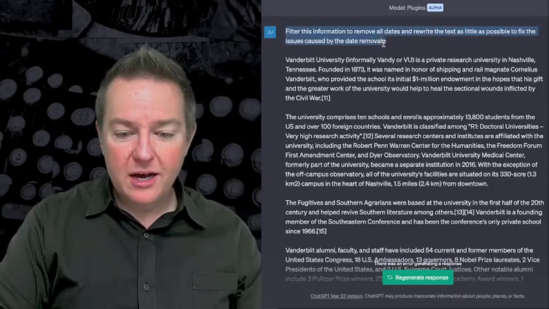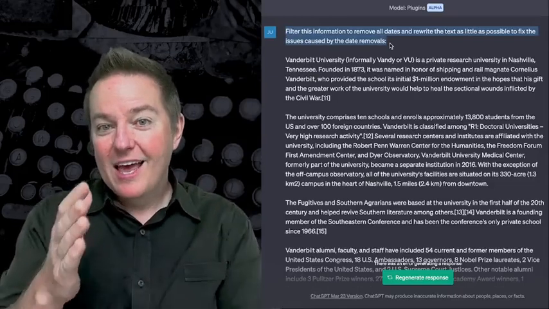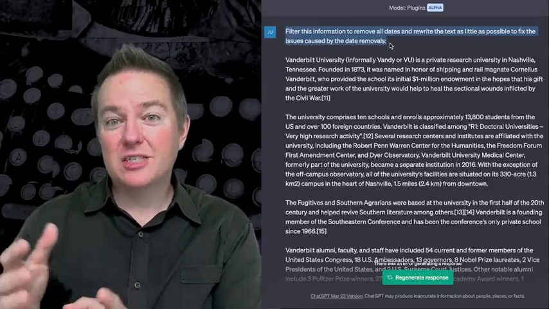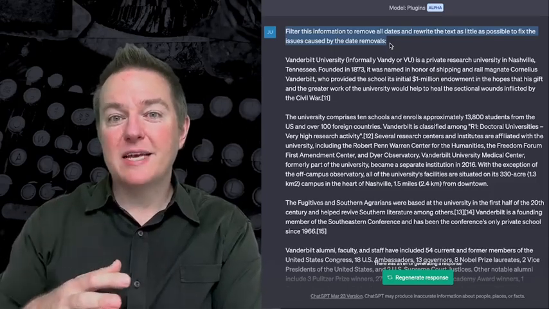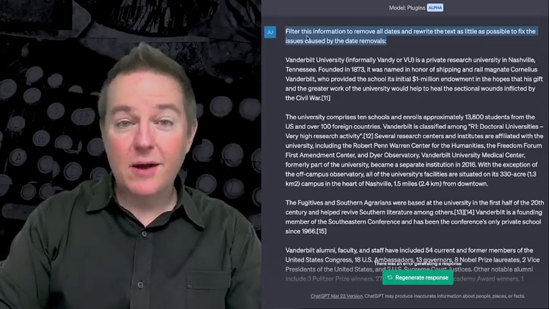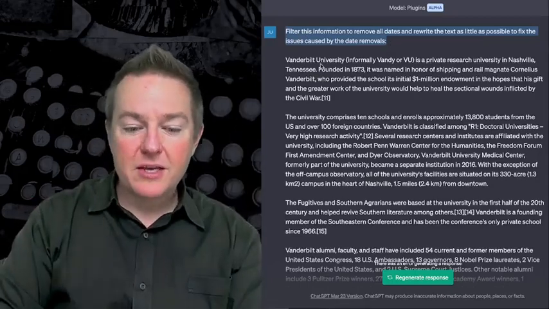So I'm creating a complex filter that's going to take in information and remove all the dates, and it's also going to transform the information a little bit, just in case removing a date makes a sentence awkward, or there's obviously something missing. So I'm going to take in information, remove all the dates, and slightly rewrite in order to do this.